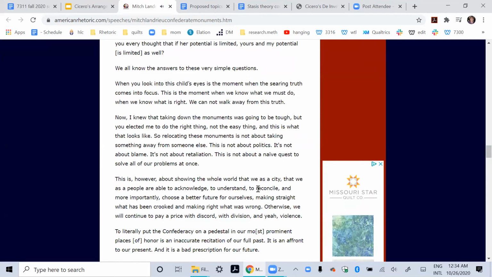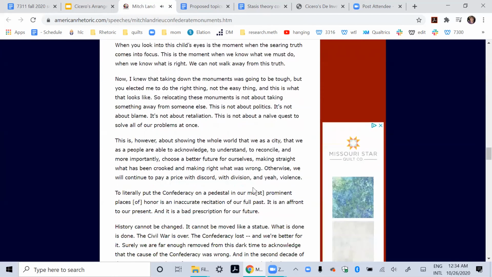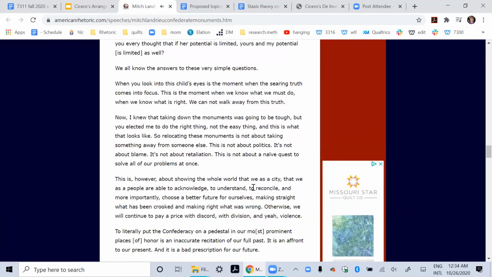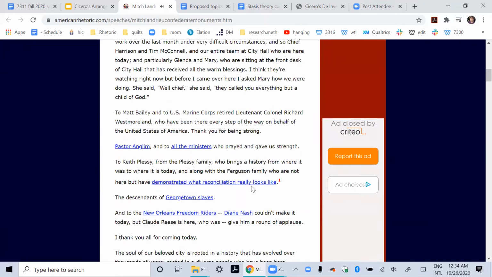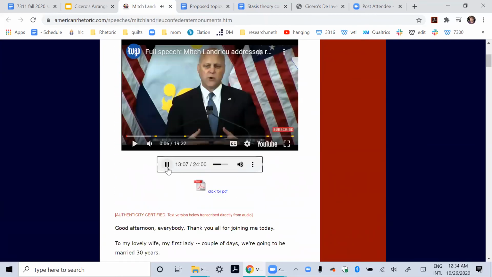This is, however, about showing the whole world that we as a city, that we as a people are able to acknowledge, to understand, to reconcile, and more importantly, choose a better future for ourselves, making straight what has been crooked and making right what was wrong. Otherwise, we will continue to pay a price with discord, with division, and violence.